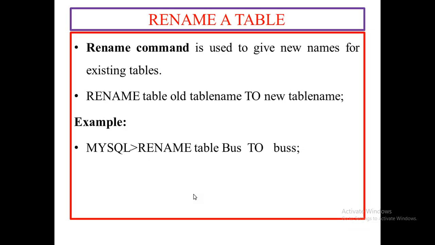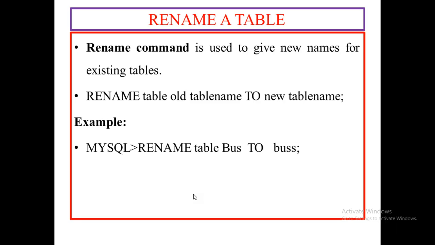Okay. If, for example, you want to rename your table, you can use the rename command. The rename command is used to give new names to existing tables. For example, if you want to change the table bus to car, you can do that.